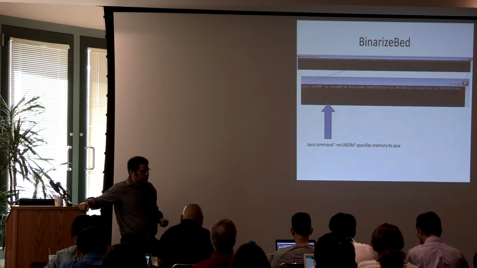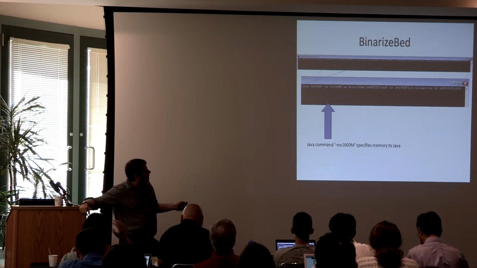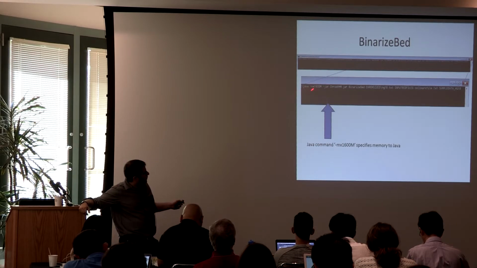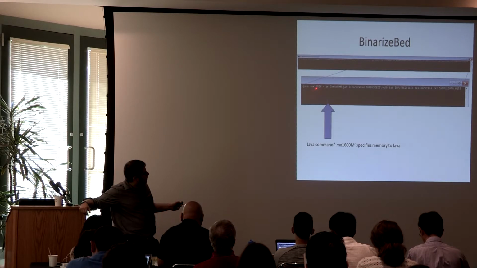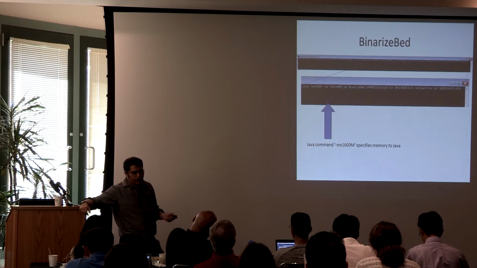This is assuming you're also going to need to have Java installed on your computer. So this is a zoomed-in view of the command line, dissecting the BinarizeBed command. The first part applies to all the commands. You type java, and then this is a memory flag, which tells Java how much memory it has access to.